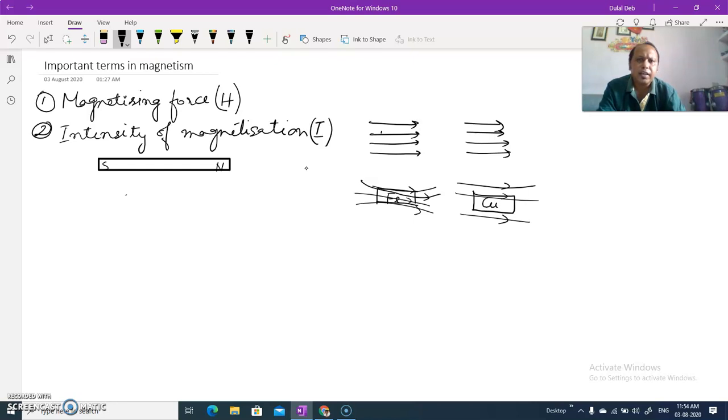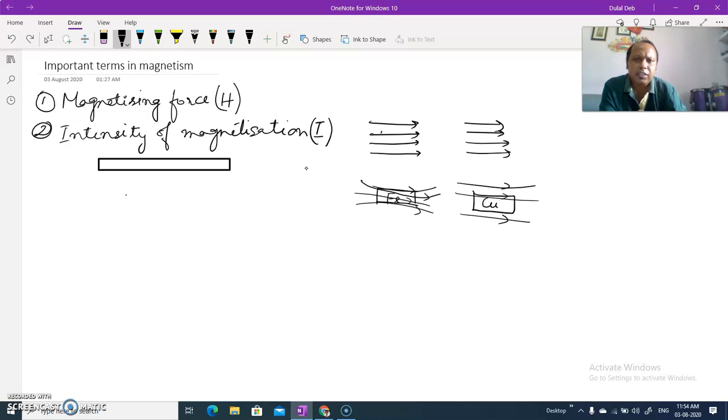Suppose we want to find the intensity of magnetization. That means we bring a magnetic material here, and suppose we consider this to be the magnetic material only. Instead of considering it to be a magnet, let this be the magnetic material. We have brought this magnetic material.